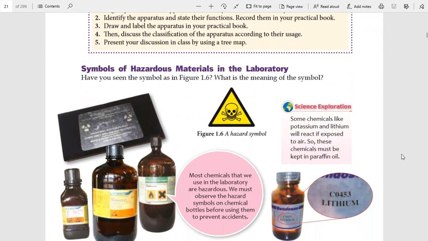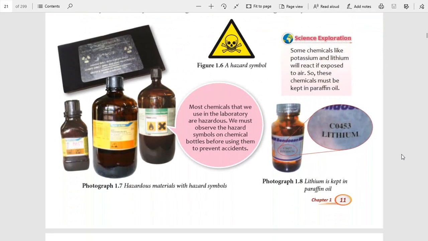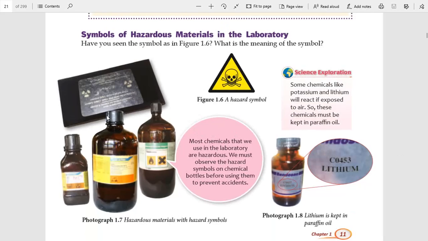We go to the symbols of hazardous material. For example, this bottle contains a chemical usually seen in our laboratory. Before use, you need to know all these symbols. For example, the symbol like the fire, and the X symbol.